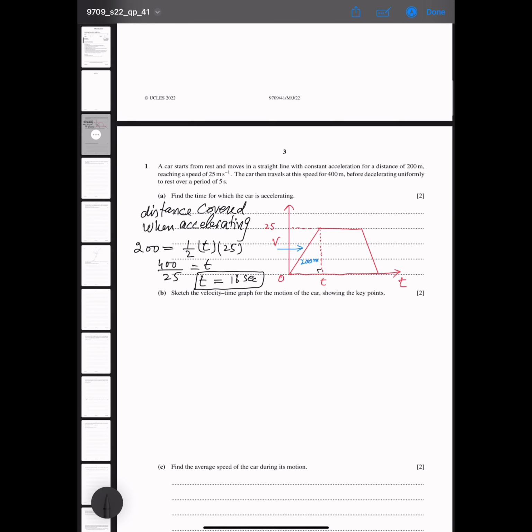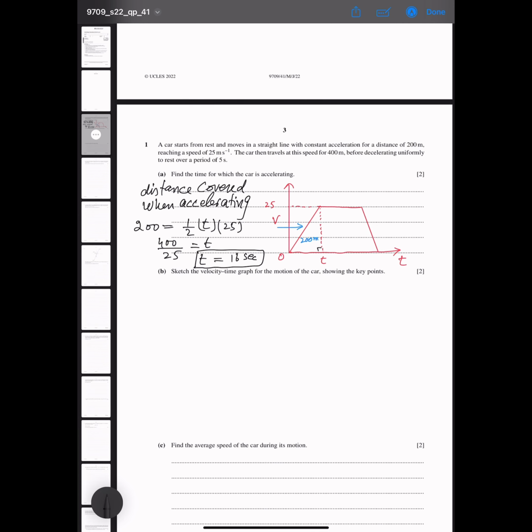तो फॉर द नेक्स्ट पार्ट बी, sketch the velocity time graph for the motion of the car showing the key points.